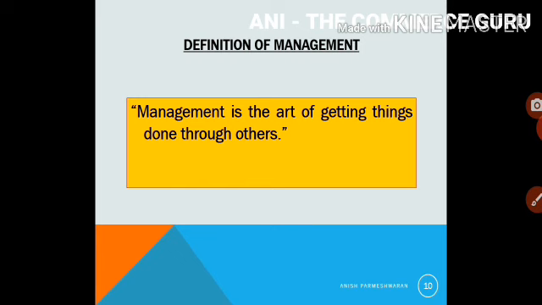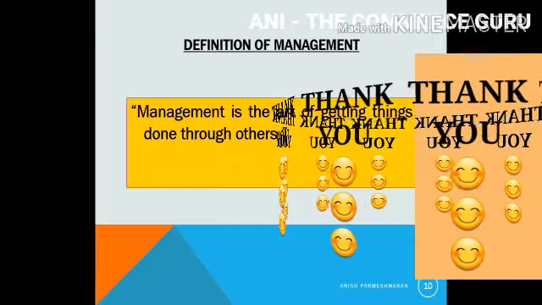You are learning to have a wonderful career in management. I wish you all the very best. Hope you understood and learned the definition of management and you are aware of the concept of management by now. So what is the definition of management? Management is the art of getting things done through others.